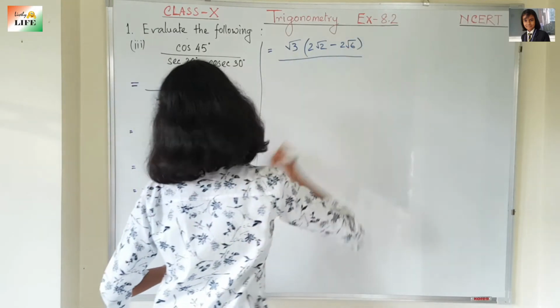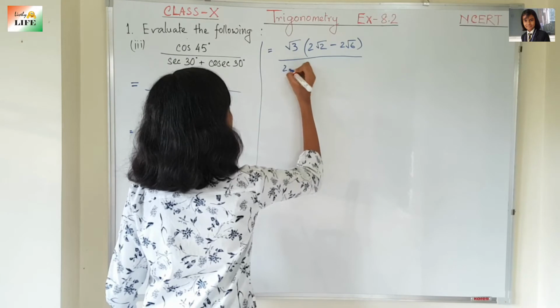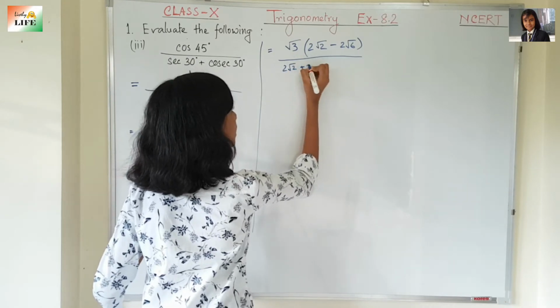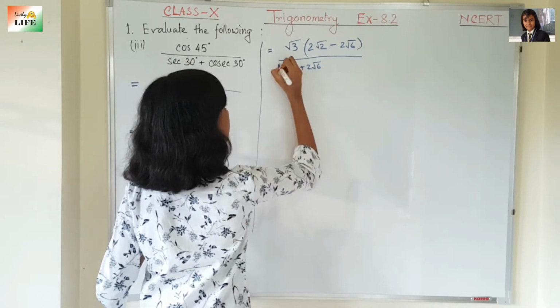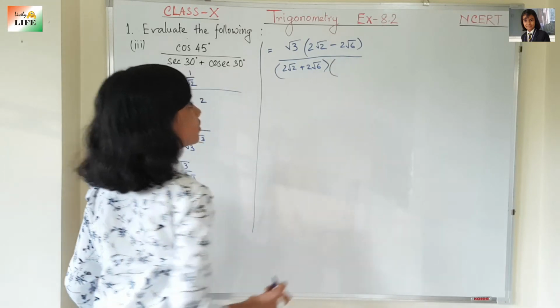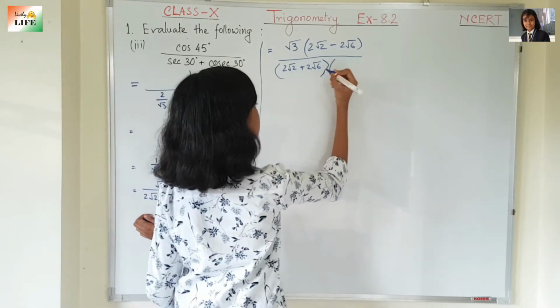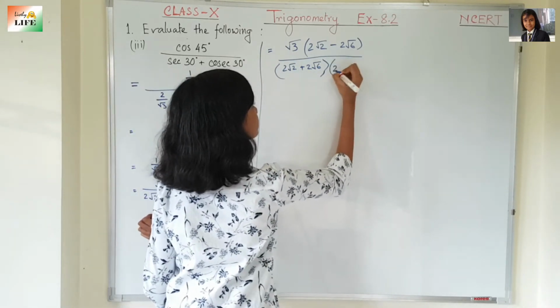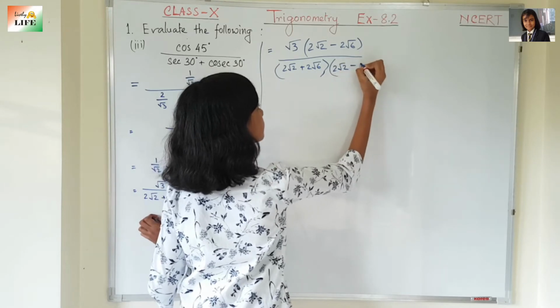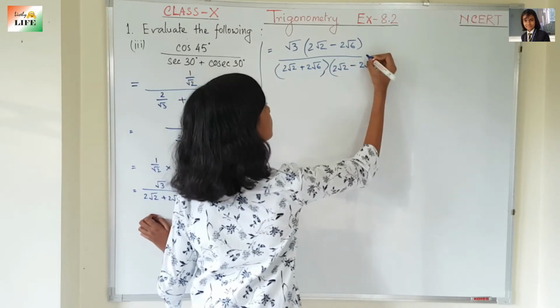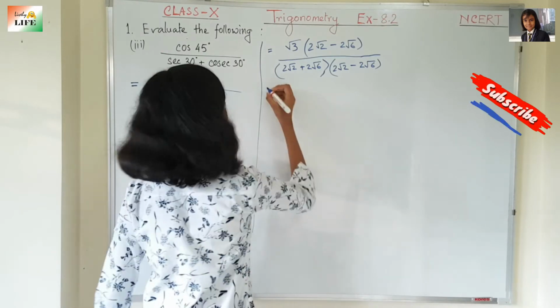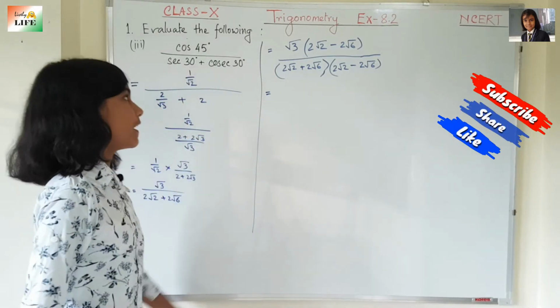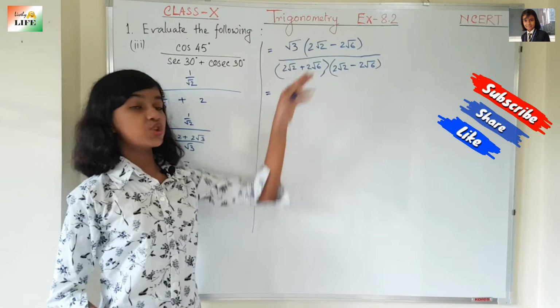Right? Now, what is root 3 into 2 root 2?